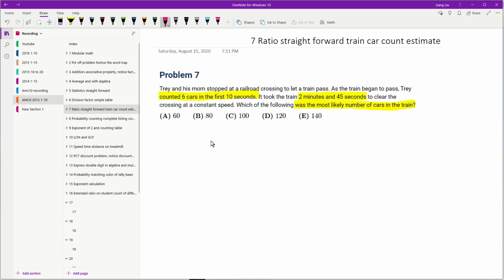This is a straightforward ratio problem because 6 cars are counted in 10 seconds. So the one is the cars and the other is seconds. So basically, for 2 minutes and 45 seconds, 2 minutes is 120 seconds, and it's 165.